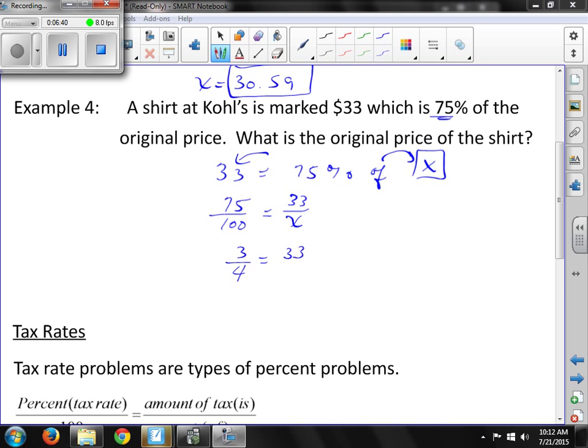Is equal to 33 over X. When I cross multiply, I'll have 3X is equal to 132, and if I divide by 3, I can almost do that in my head. X would equal 44.